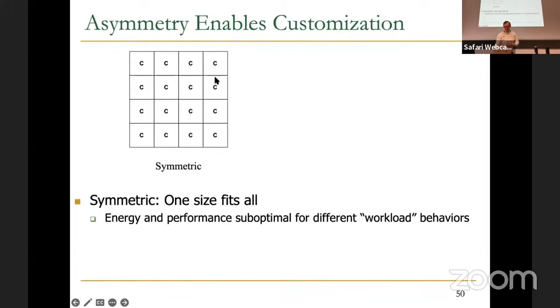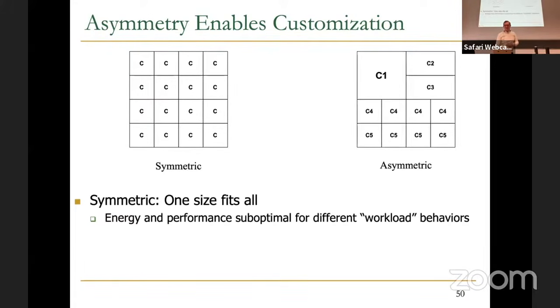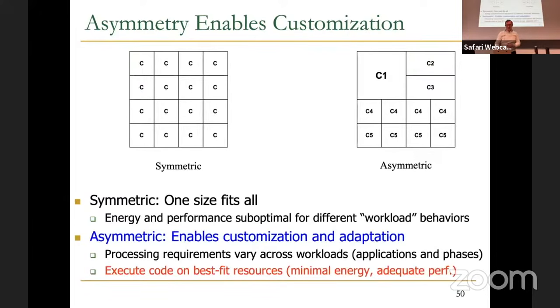So if you do asymmetric, this is one example where this could be static, or it could be dynamically configured to be asymmetric. Essentially, this now enables customization and adaptation, right? Because processing requirements vary across workloads. You can find that one workload that needs something as big as C1 should be scheduled here.